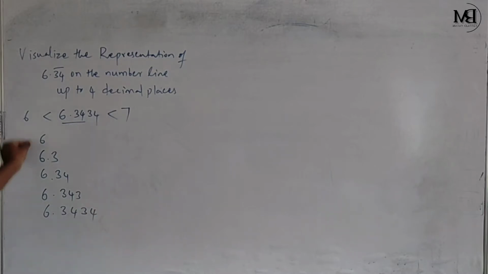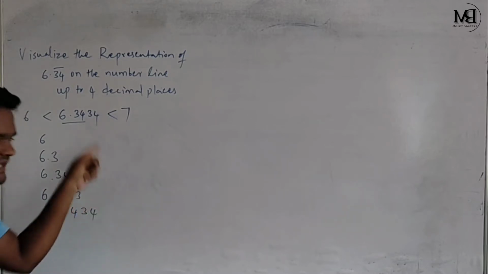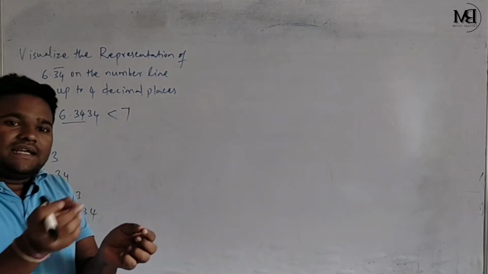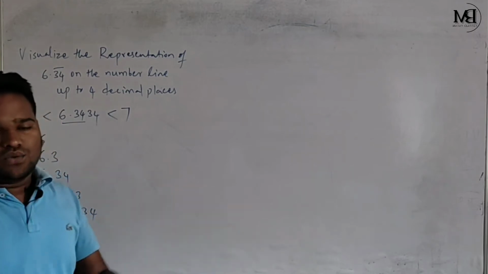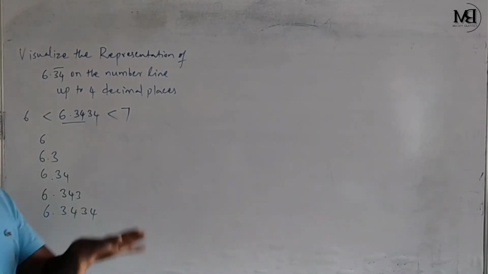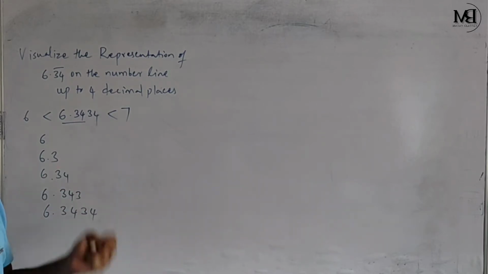See children, if you observe this, one digit in the decimal place is being increased, which means each unit is being divided into 10 parts, as our number system is a base 10 number system.